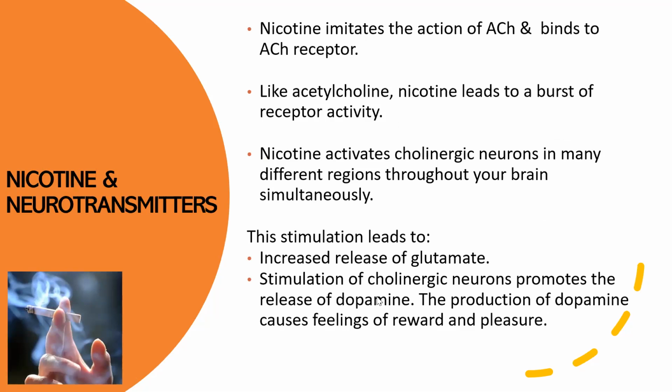And again, it creates a feeling of reward and pleasure. So whenever the body lacks it, it will look for it. Then they want to have a cigarette, and again it releases the burst, and they get that pleasure feeling. So we don't want to fall into the trap. Not everything needs to be tried once.